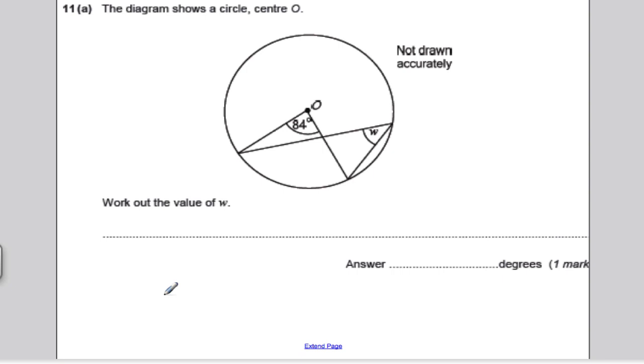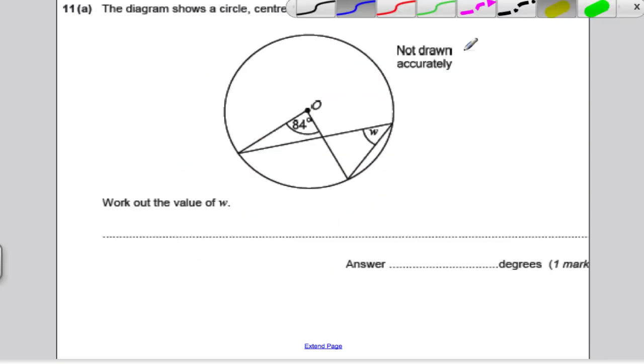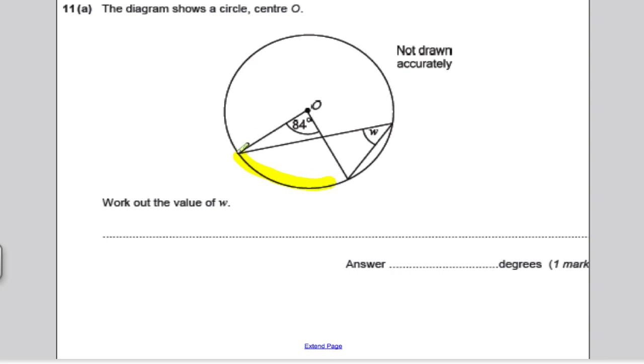Okay, now this is a tricky question. A lot of kids in the exam got this one wrong. They think it's the same as that type of question there, i.e. angles from the same arc are equal, because that angle and that angle come from the same arc. But hold on a minute, this is rule 1: angle at centre is twice the angle at circumference from the same arc.